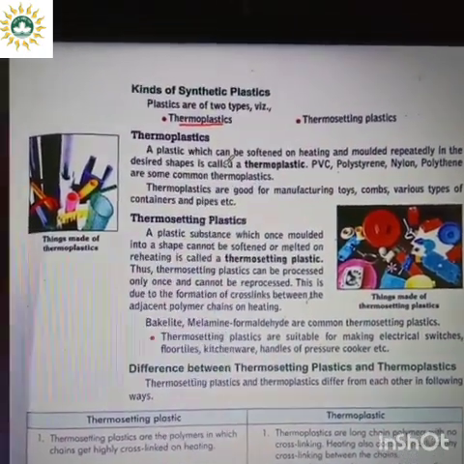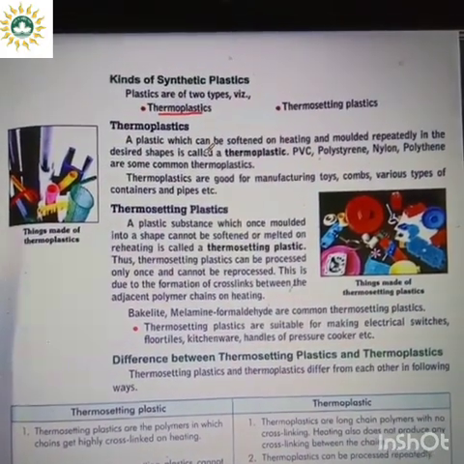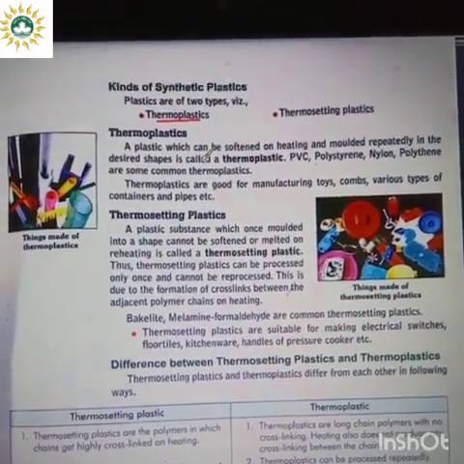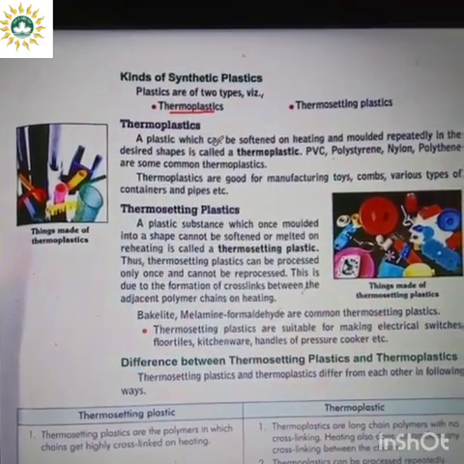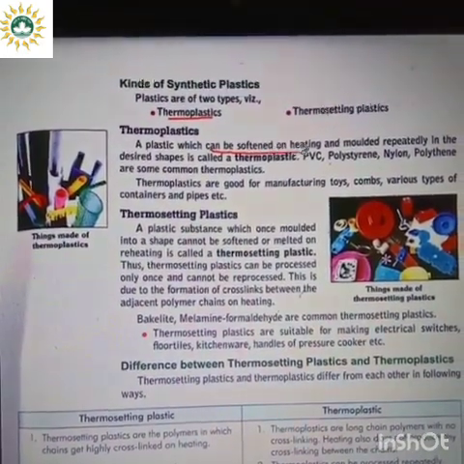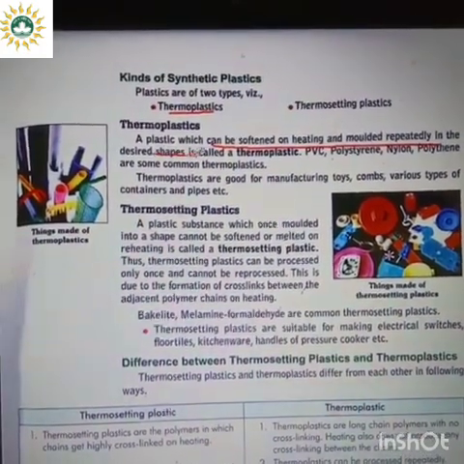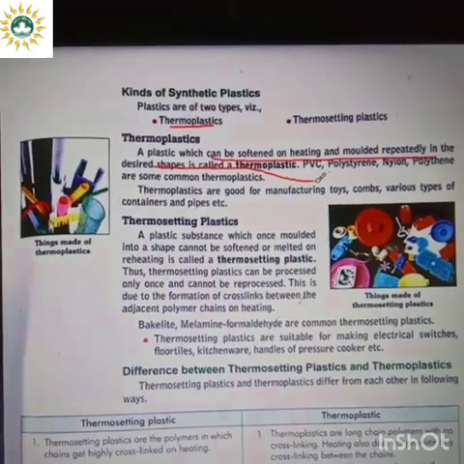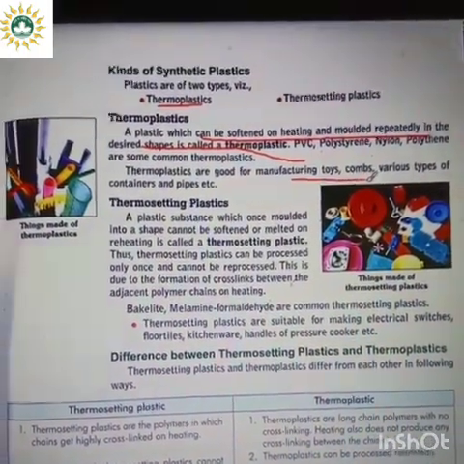So they are actually thermoplastic. The toys which are manufactured, the combs, the various types of containers and the pipes, they all are thermoplastic, because plastic which can be softened on heating and molded repeatedly in the desired shape is called thermoplastic, right? So the examples I have told you already.